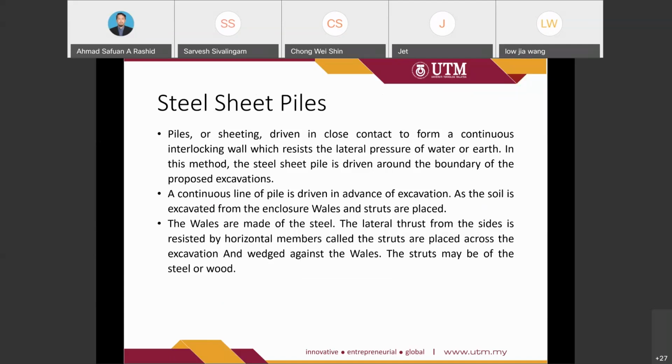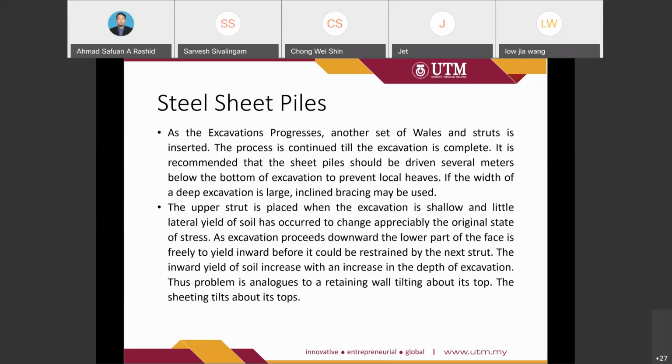The wales are made of steel. The lateral thrust from the side is resisted by horizontal members or struts placed across the excavation, which again carry the wale. The struts may be of steel or wood. It is the same system, but the difference is the material compared with the timber.